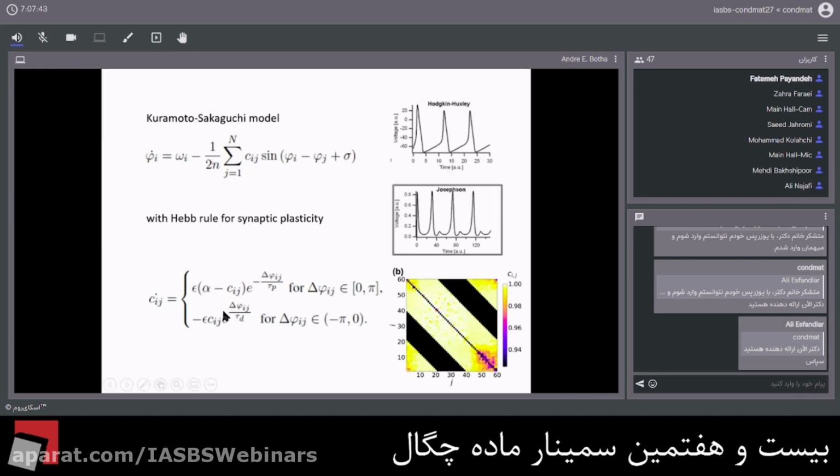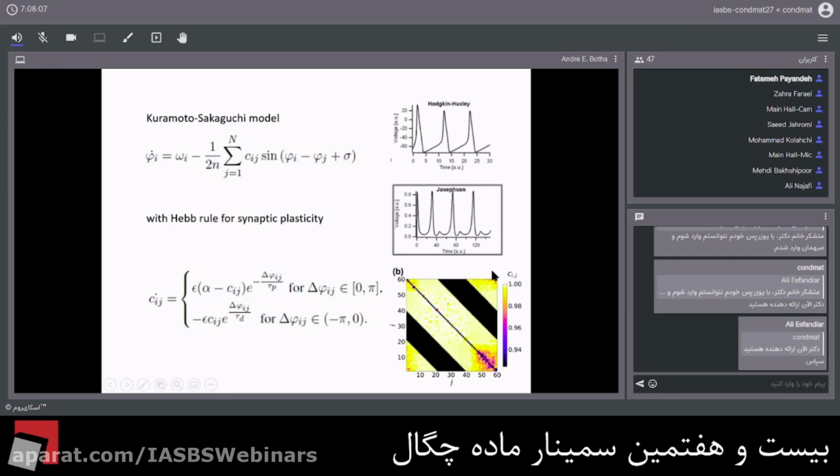Or if it's the other way around, then the strength will decrease. So in that way, the strength of the coupling between the neurons can be either increased or decreased. They can dynamically evolve according to what the system is doing.